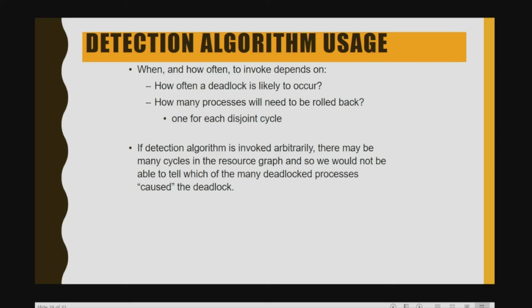We need to roll back one process at a time to disjoin the cycle, to make sure that the cycle is not a cycle anymore. If the detection algorithm is invoked arbitrarily, there may be many cycles in the resource graph, and so we would not be able to tell which of the many deadlocked processes caused the deadlock.